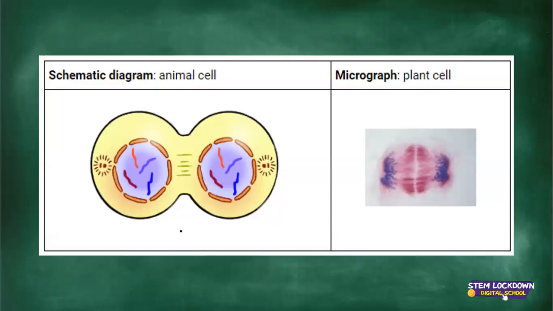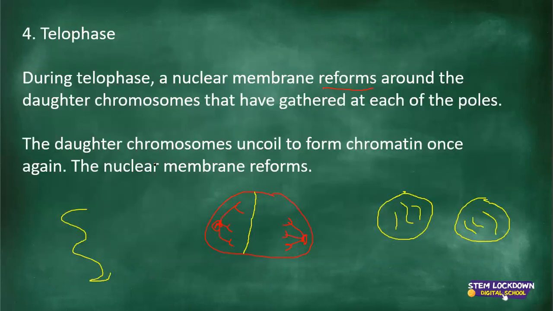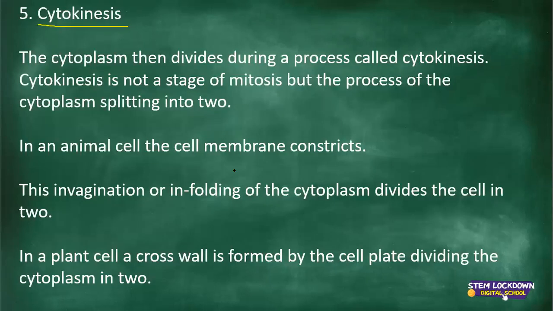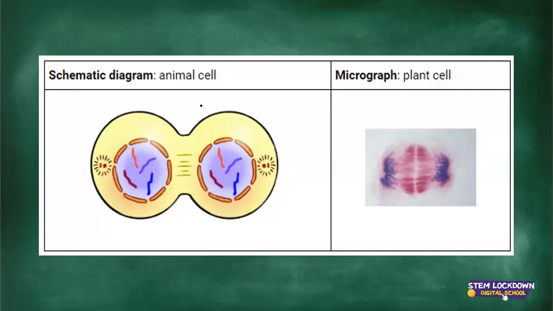In plant cells, remember the differences between animal cells and plant cells? In animal cells, it is the cell membrane that's constricting, right? But in plant cells, it is the cell plate that will be forming here at this midpoint.